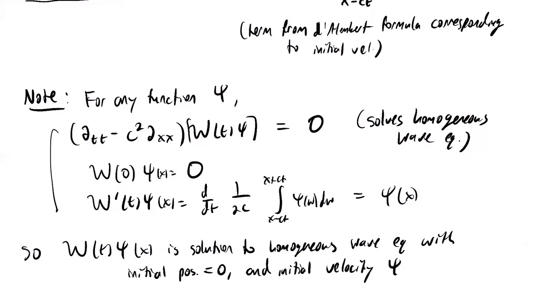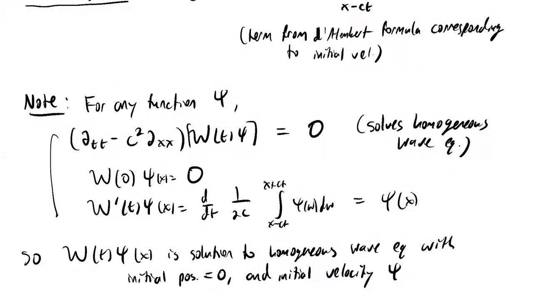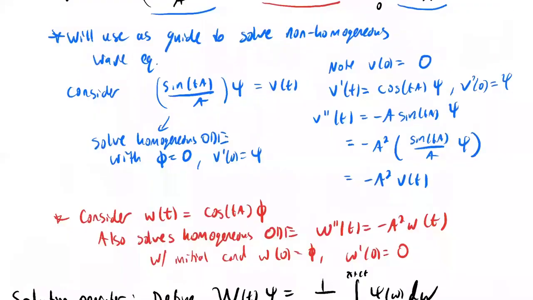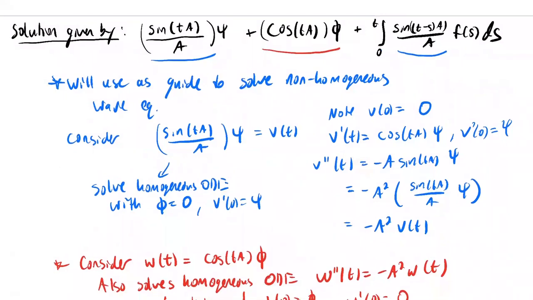This should remind you of what we just saw a few minutes ago with the ordinary differential equation corresponding to the analysis in blue here. We had these two blue terms which involved solutions to the homogeneous equation with initial position 0 and initial velocity.